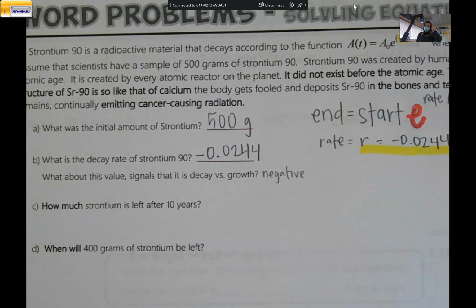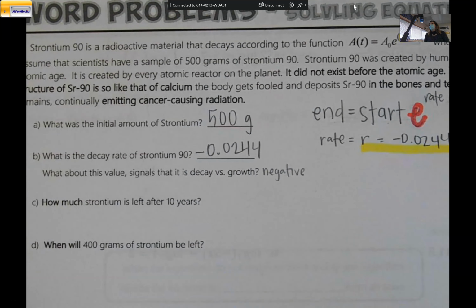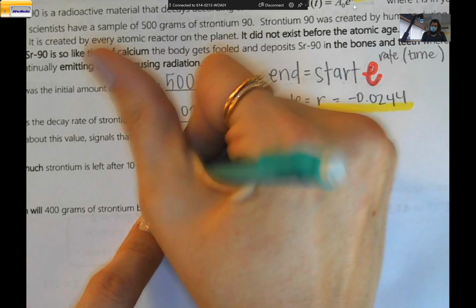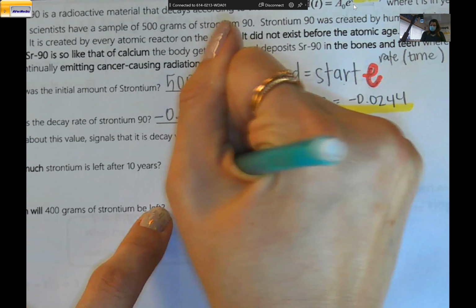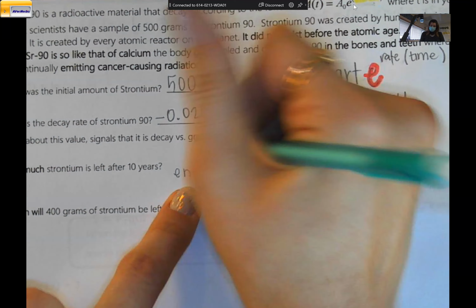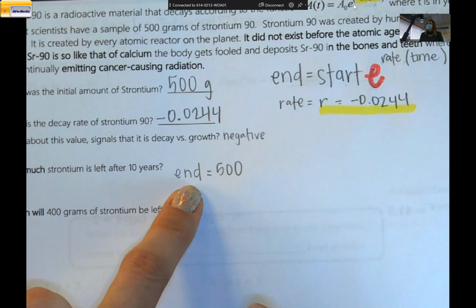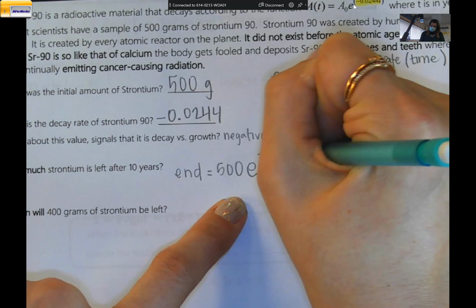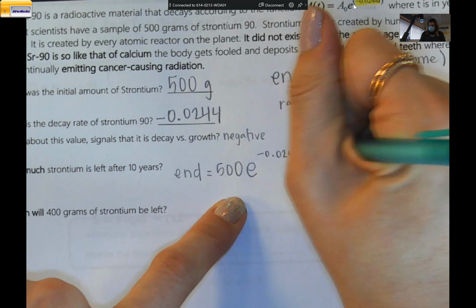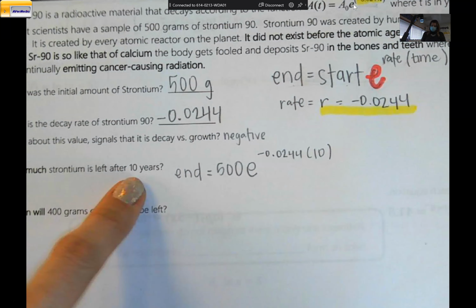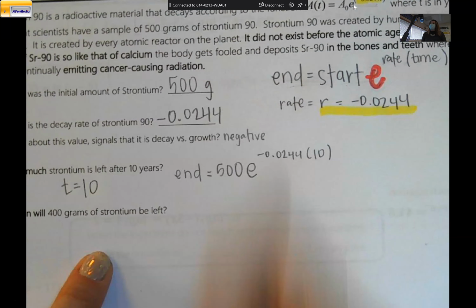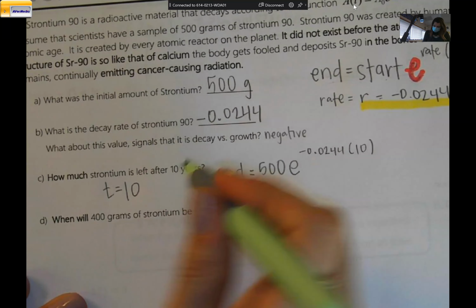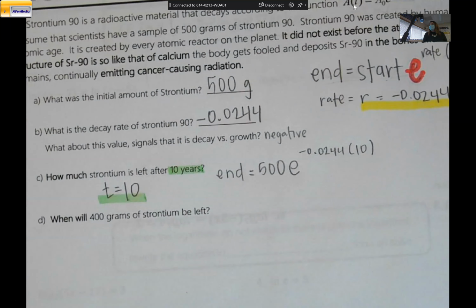The first question is, how much strontium is left after 10 years? Using this form, our end amount equals our starting amount, 500, E to the rate of negative 0.0244 times 10, because they tell us T equals 10. 10 years means T is 10.